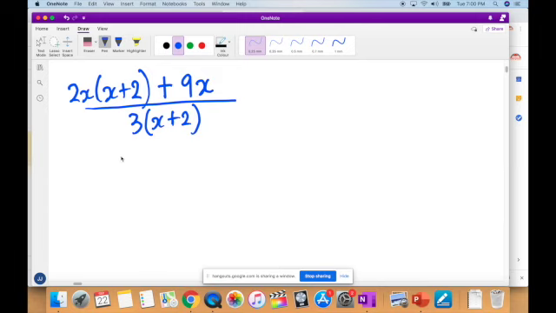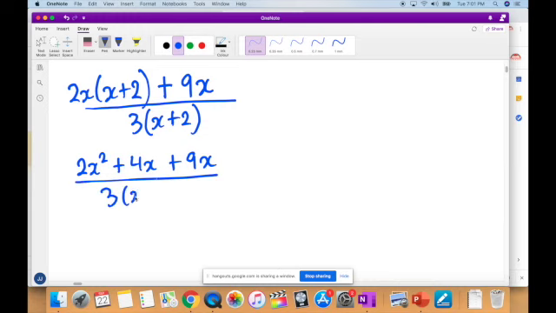Simplify it. All right. So this here is what we're actually going to do now, which is something called the distributive law. I think both of you would have been familiar with the distributive law already, where you take this number outside the bracket and multiply it by everything inside the bracket. So 2x multiplied by x is 2x squared, and then 2x multiplied by 2 is 4x, and then I have plus 9x, and all that is over 3 into x plus 2.